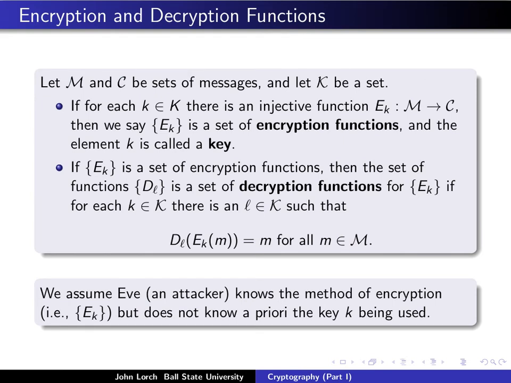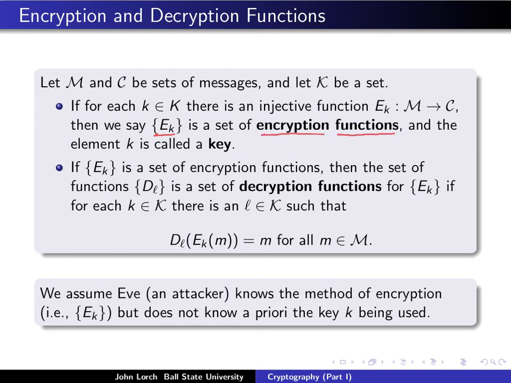We can generalize some of the notions that we've been talking about in the specific instance of the Caesar's cryptosystem. So here we let M and C be sets of messages, and we'll let K just be a set. If for each little k in K there's an injective function, that is a one-to-one function, E sub k from M to C, then we say that this collection of functions is a set of encryption functions.